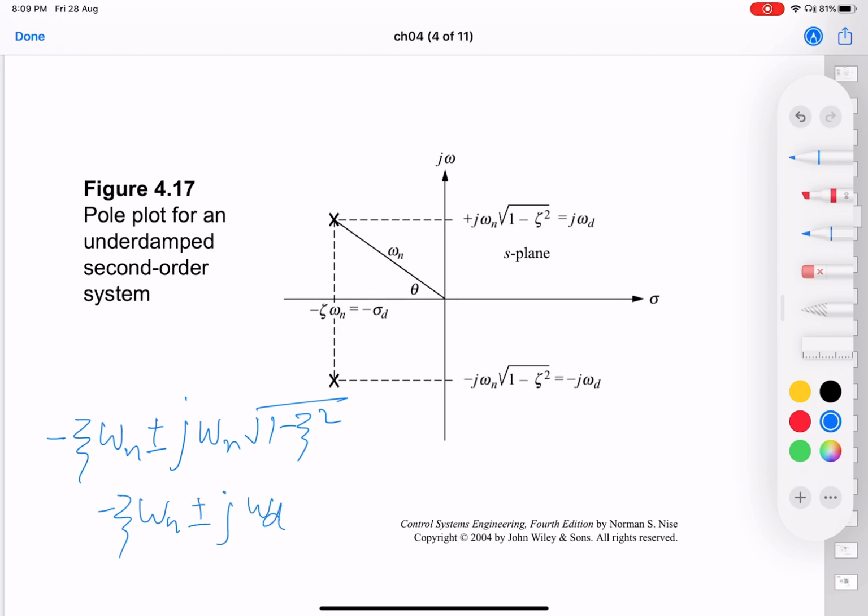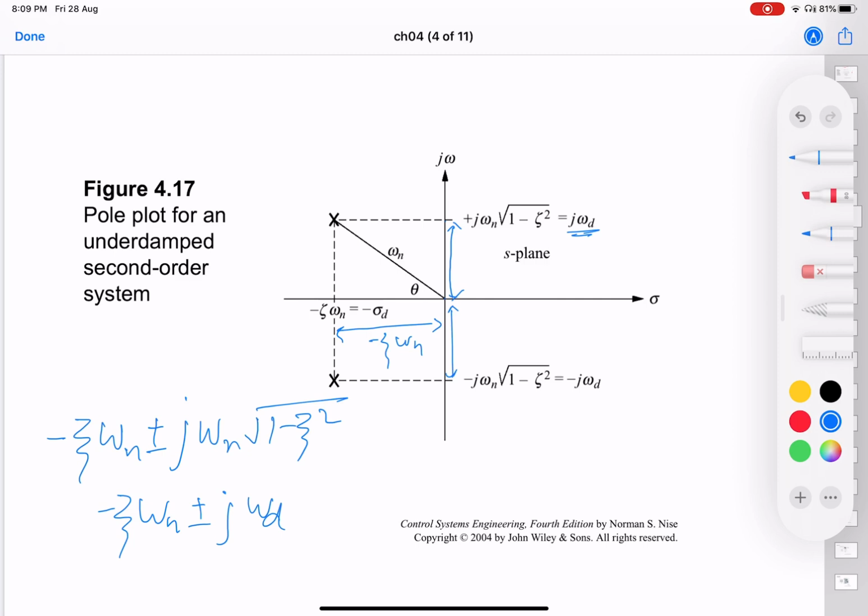And you can draw a number of conclusions from the pole zero plot. One is that your y-intercept is j omega d and minus j omega d here, and your x coordinate here is minus zeta omega n.